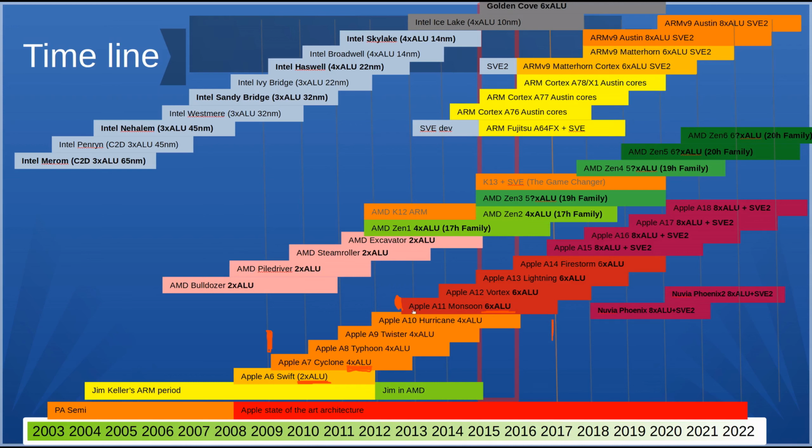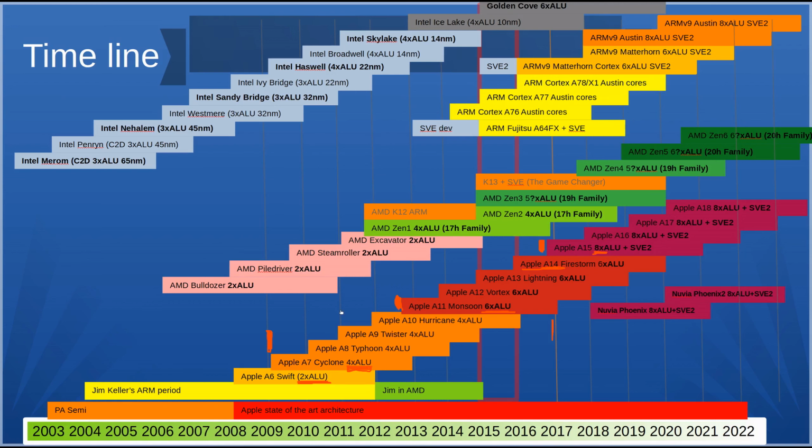So we can see the pattern here. Apple is doing a completely new architecture redesign every 4 years, and so we expect Apple A14 to be the last one of the 6 ALUs, and the next year should be a completely new redesign, a completely new architecture, and probably some 8 ALU beast actually.